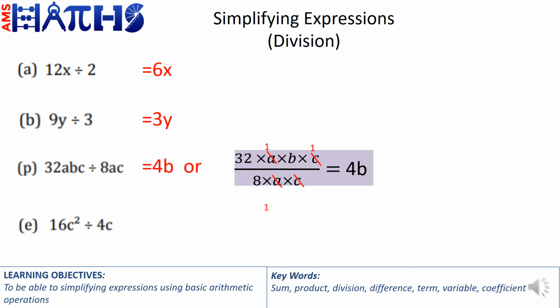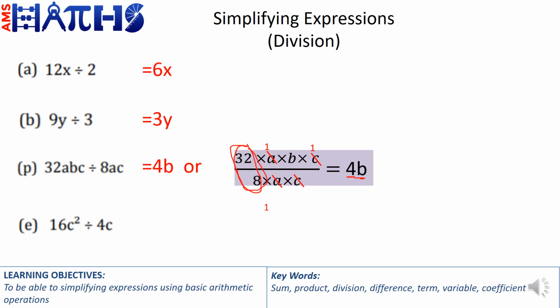We divide the 32 by 8 to get 4. A divided by a gives us 1, and c divided by c also gives us 1. There's no b in the denominator to divide this b, so it remains the same. So we're left with 4 from 32 divided by 8, and 1b. So it's 4 times b, which is 4b.